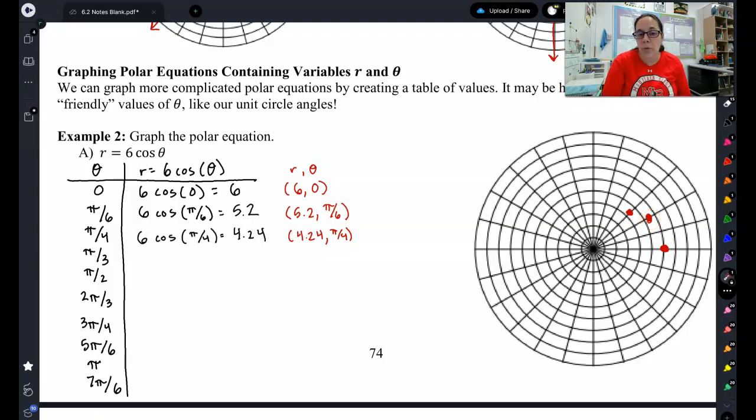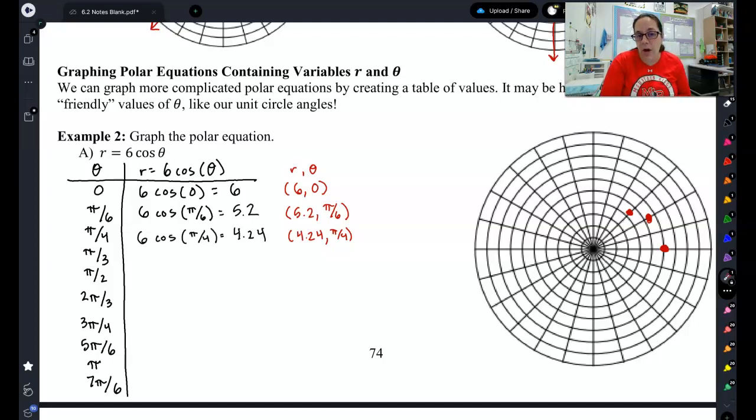So those 2 points landed on top of points that I already had. As soon as you have 2 points in a row that do that, then your t-table is done. You have to keep your t-table going, though, until you get 2 points in a row that land on top of points you already have.